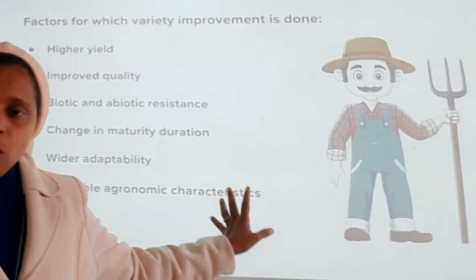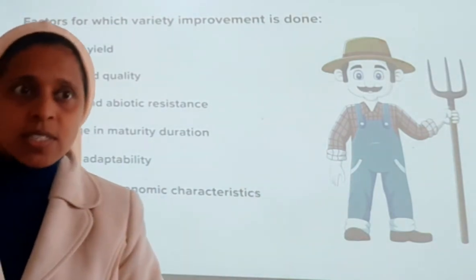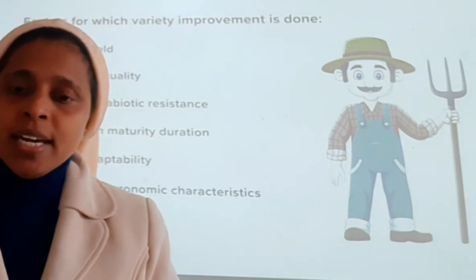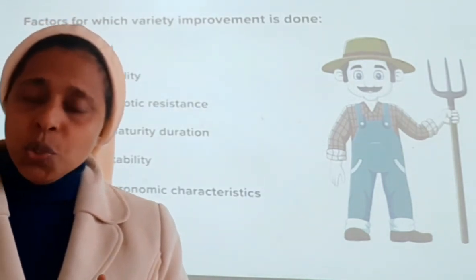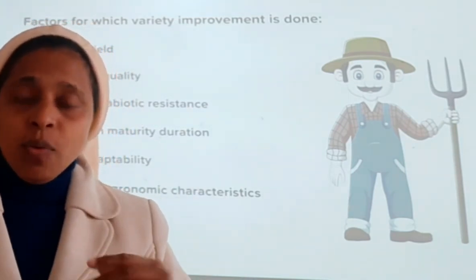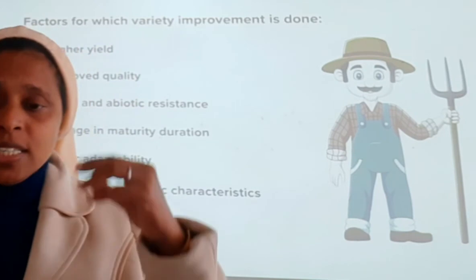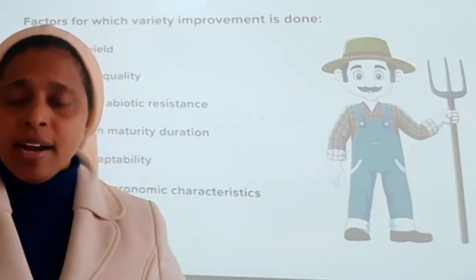The last but not the least point is the desirable agronomic characteristics. What should be done to increase the height of the plant? How can we use it? What are the economic characters? What are the quality purposes? These will come under this.